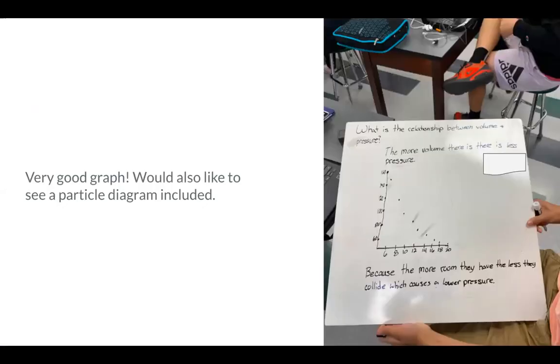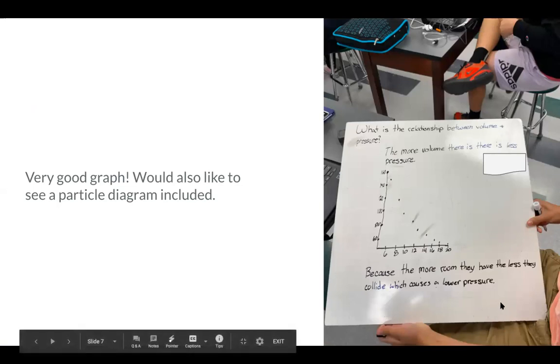I just grabbed a few whiteboard pictures. They were all pretty good. I was very happy with the work you guys did, but I just want to highlight a couple of them. I like this one. There's a nice clean graph here. I would like to see that particle diagram, I think it's helpful there.